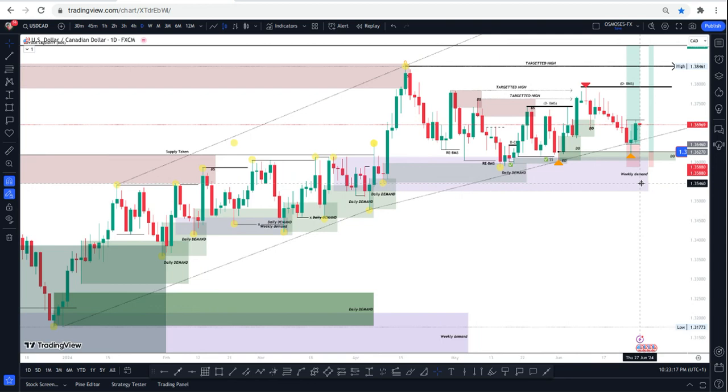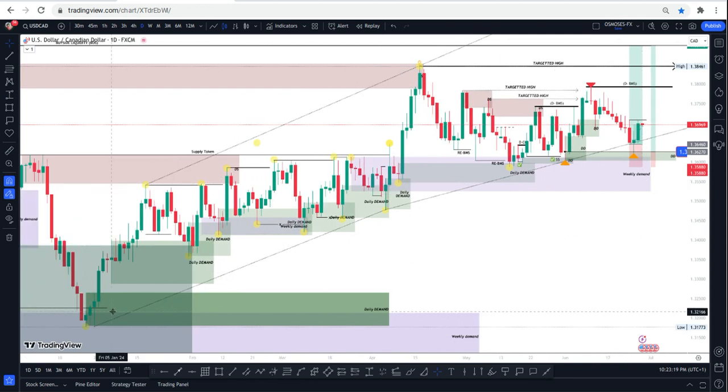So let me zoom out so we can see price moved, rally base, rally formation. Price came back, pushed, came back, pushed, came back, pushed.